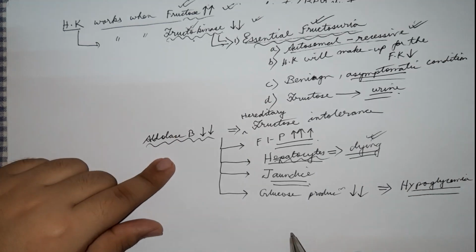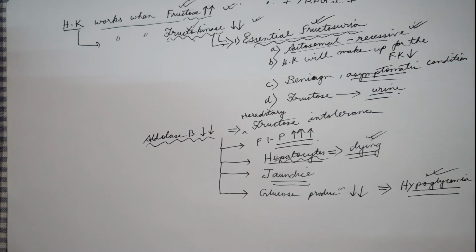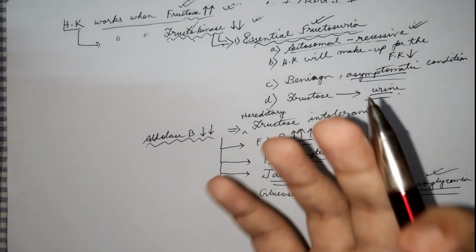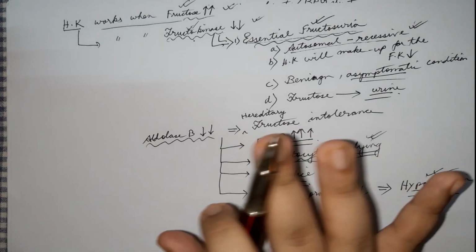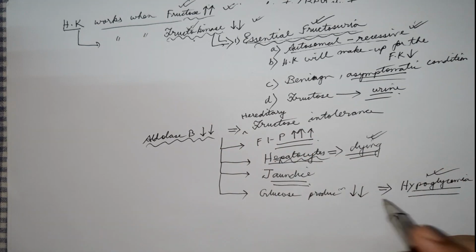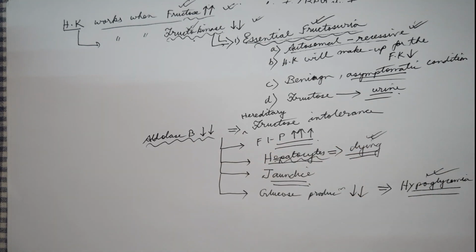Very important. So hereditary fructose intolerance would lead to hypoglycemia because you already have carbohydrate intermediates building up. You don't want any more carbohydrate sources. So glucose production in the body would be stopped, and hypoglycemia would follow.